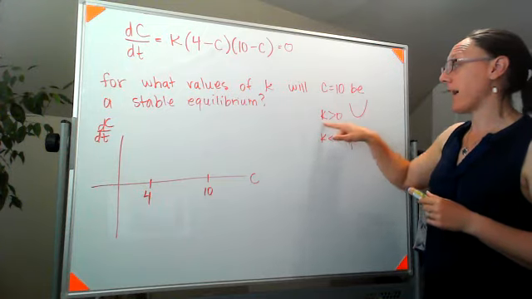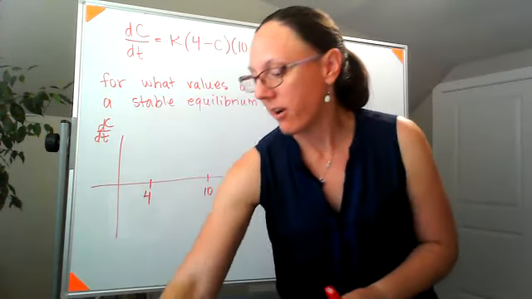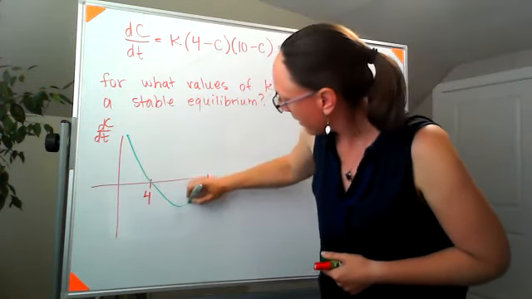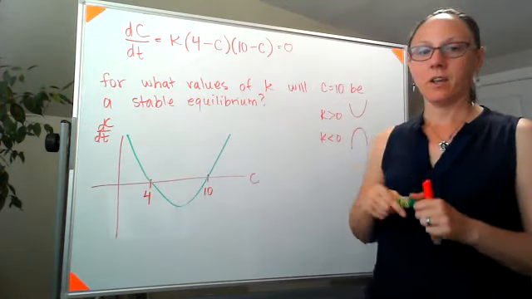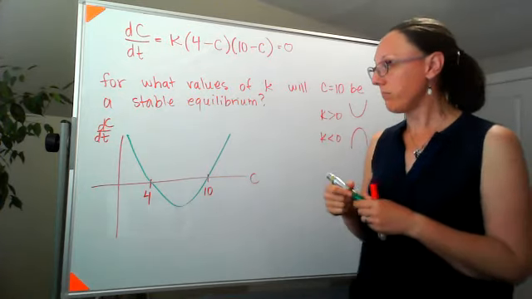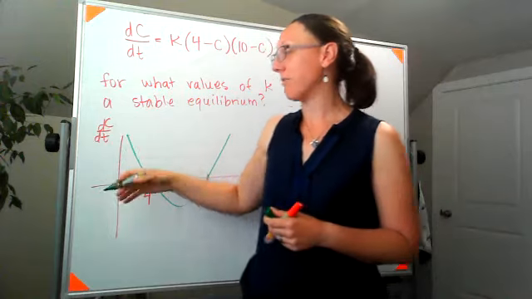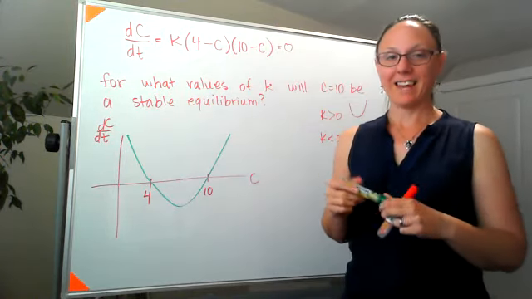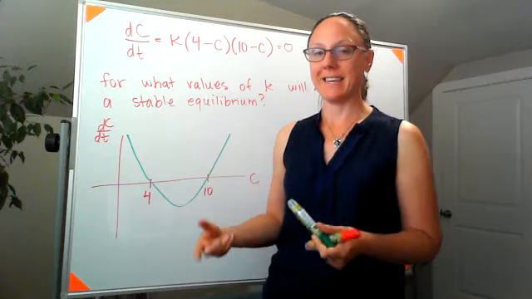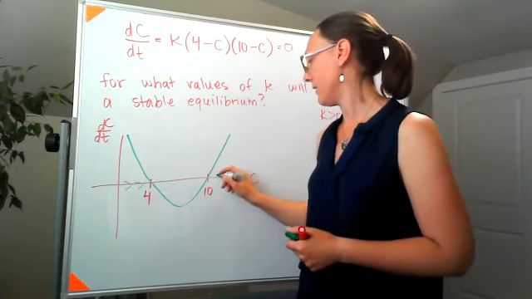So let's first try k being greater than 0. So if k is greater than 0, then this is going to come in and look like this. Now thinking about drawing our arrows in here, everywhere that my graph is above the c-axis are places where dc/dt is positive, meaning c is getting bigger, or I'm moving to the right.